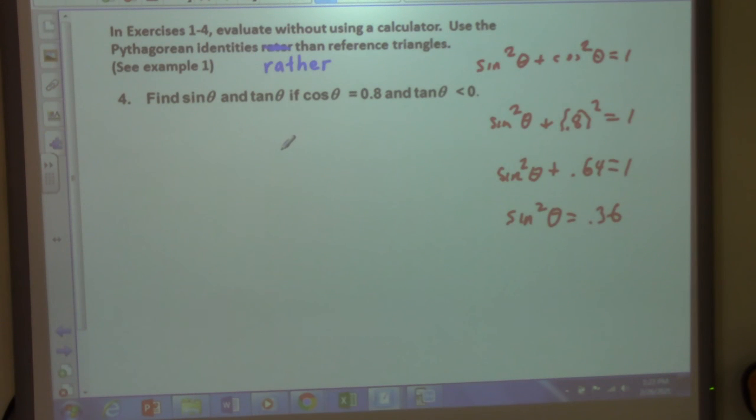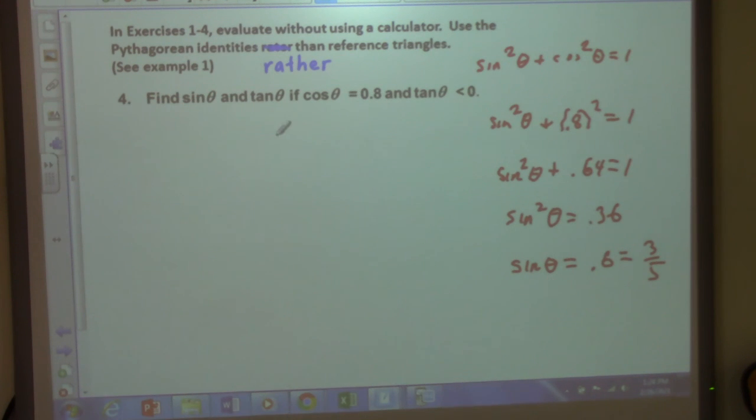And so sine theta is going to be what? 0.6. Or it's going to be 3/5, right?